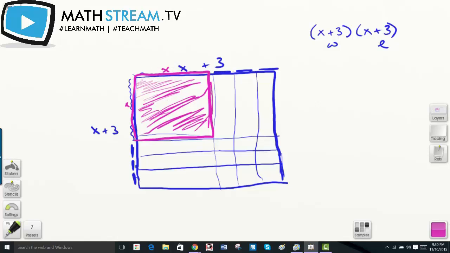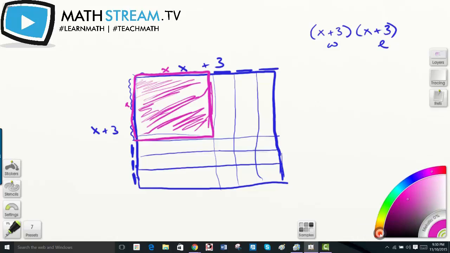These smaller rectangles have dimensions of, this is 1, 2, 3, so 1 by x. So each of these are 1 by x. And the same thing here, each of these have dimensions of 1 by x.